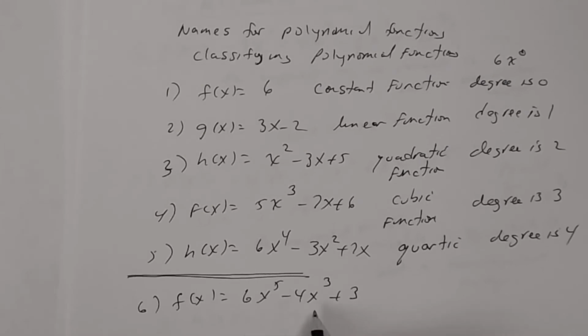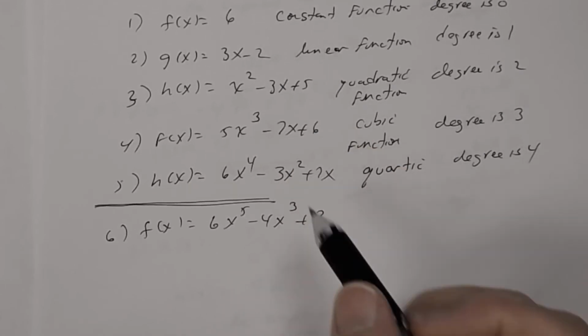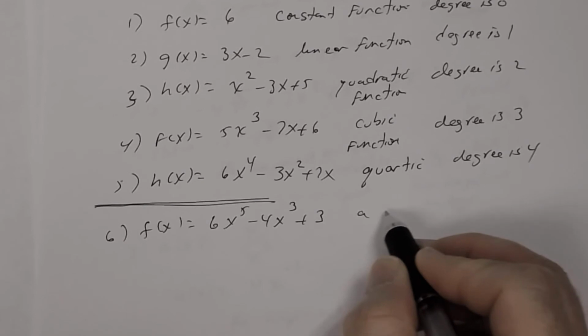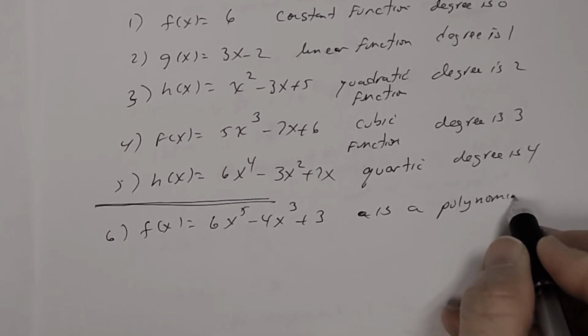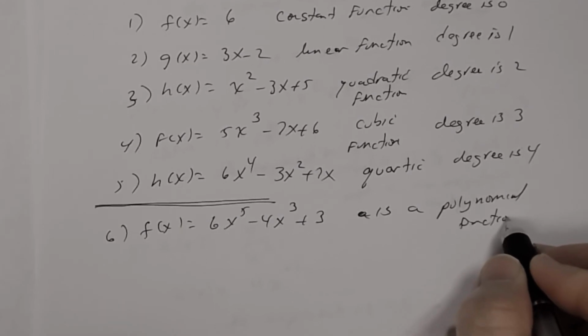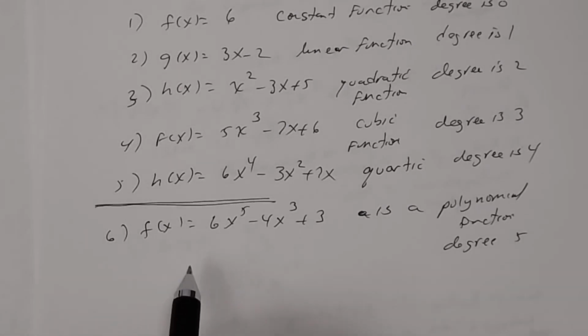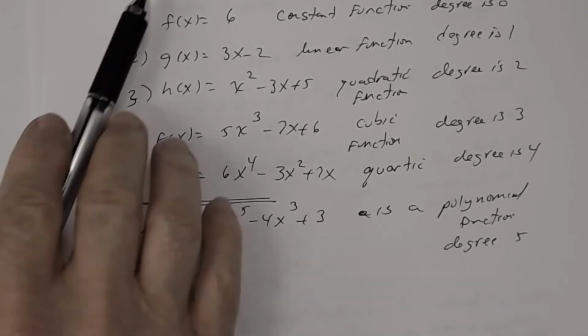Any polynomial function that's not one of these, we just say it's a polynomial function, and we call it degree 5. It's a function with degree 7 or a function with degree 10, whatever it may be. But those are your special names.